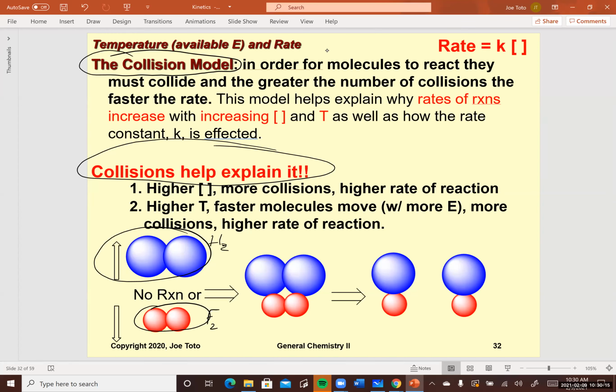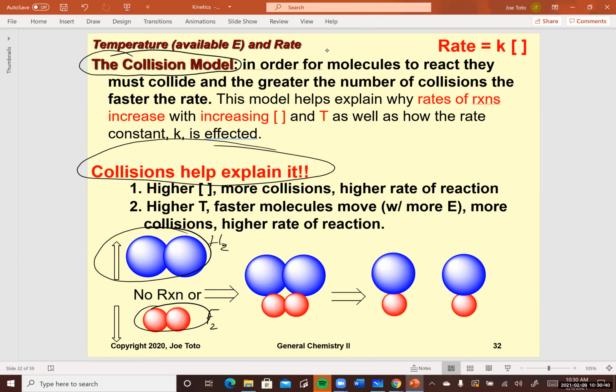Collision theory is very simple, and it explains that at higher concentrations there would be more collisions. So for most reactions, you would expect that when concentration increases, the rate of the reaction increases.